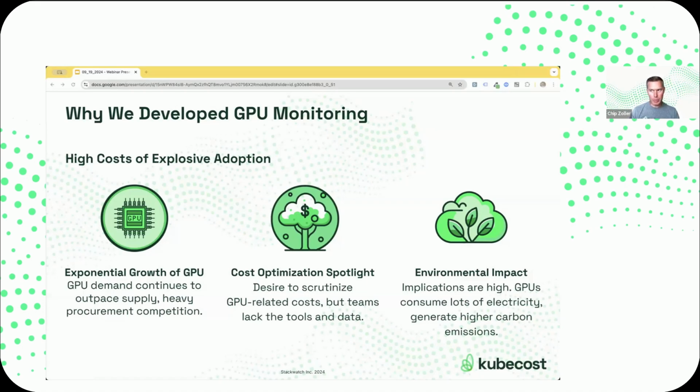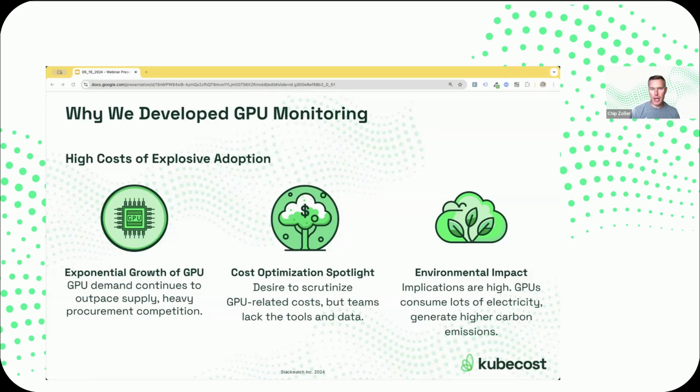But these GPU devices can be really expensive as well. Some of the newer model GPUs that are coming are $30,000 to $40,000 a piece if you were to buy one outright, and that's assuming you can buy one outright. So one of the first questions that everyone wants to know once they've already gotten some GPUs and they begin to use them is, hey, help me justify the cost of those.